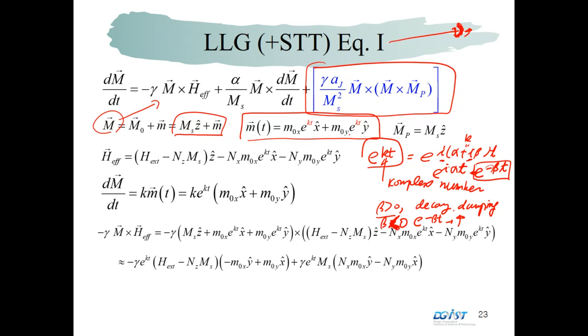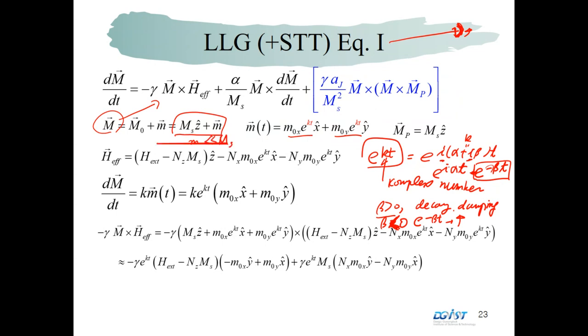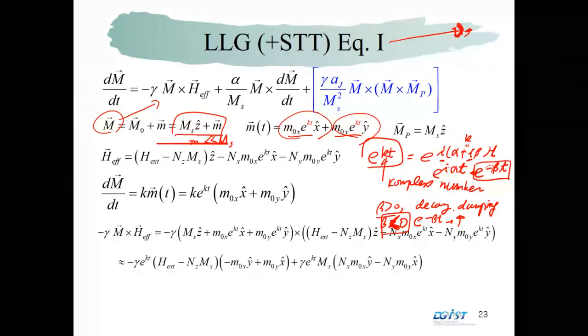So if we have such a situation here, the small m is no longer small, because we assumed the small m is much smaller than Ms. But with this condition, this term is no longer small. That means our assumption is no longer valid.